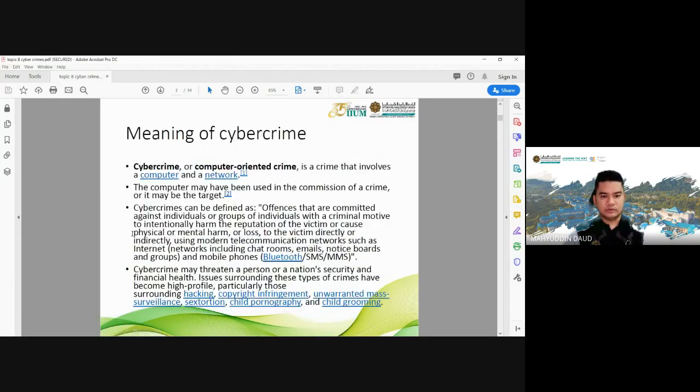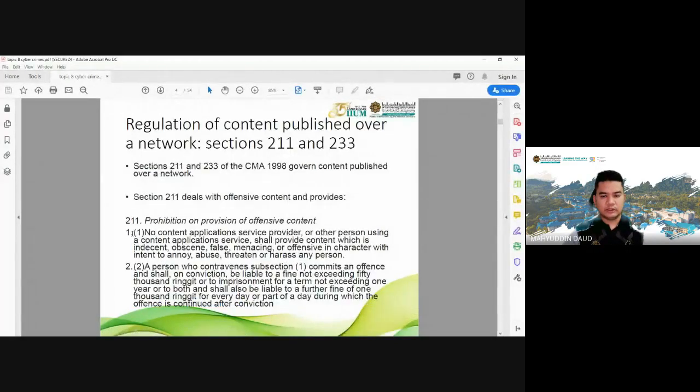Okay, before we look at the offense of unauthorized access or hacking, I'm sure that from the beginning of this lecture you have come across this provision a lot, but we have yet to look at the elements of these two favorite provisions deeply. So this is where we will look at the provisions of Section 211 and 233 of the Communication and Multimedia Act.